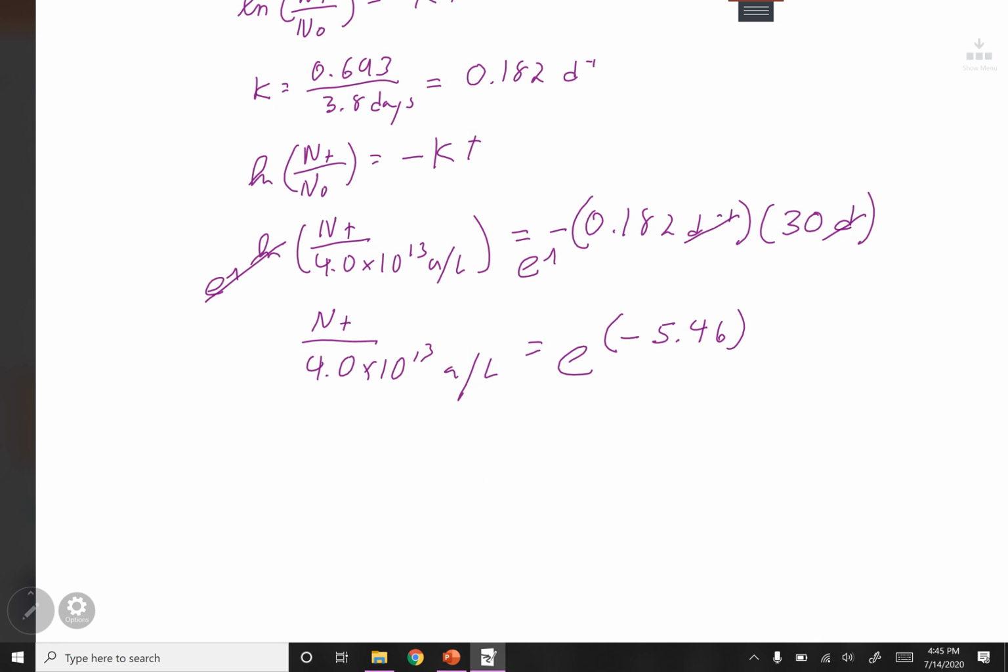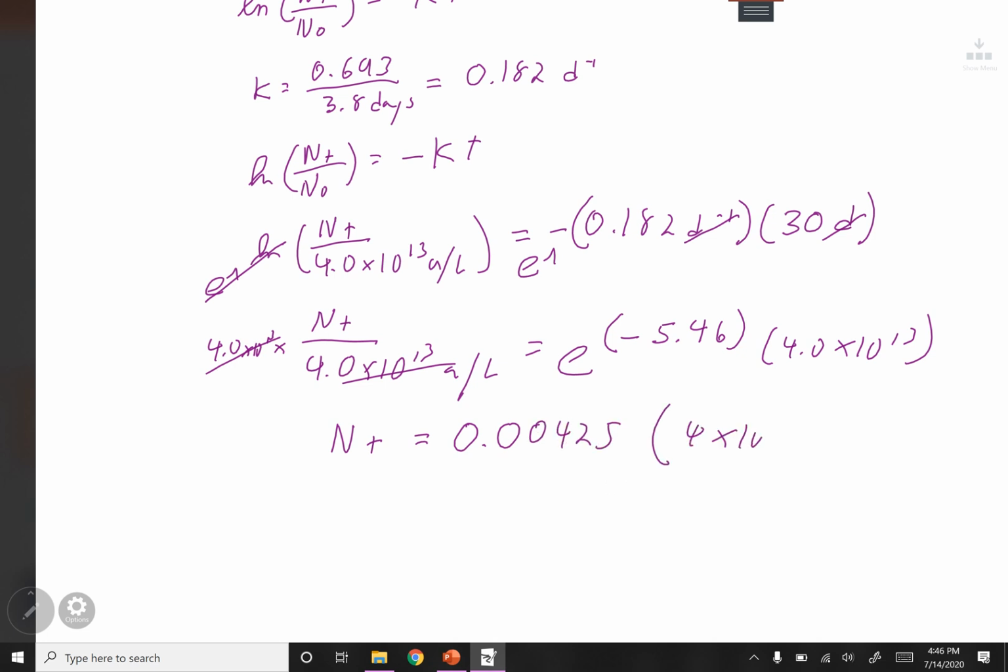Okay, so now we can just solve for n sub t. First thing we'll do, multiply by 4.0 times 10 to the 13th on both sides. So this goes away, and we end up with n sub t is equal to, and if we take e raised to the minus 5.46, you end up with 0.00425 times 4 times 10 to the 13th.